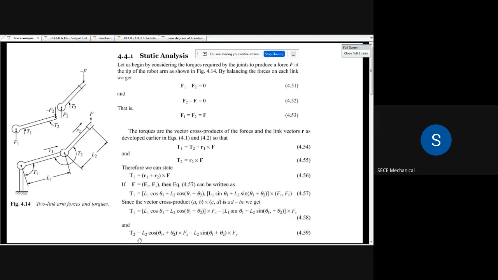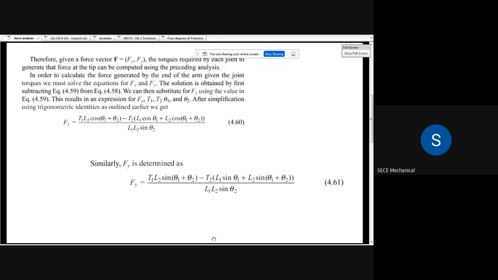So therefore T2 is equal to L2 cos theta 1 plus theta 2 into Fx, that is the respective horizontal component, and similarly L2 sin theta 1 plus theta 2 into Fy, that is the respective vertical component, right? So based upon all these substitutions, it is the derivative part.